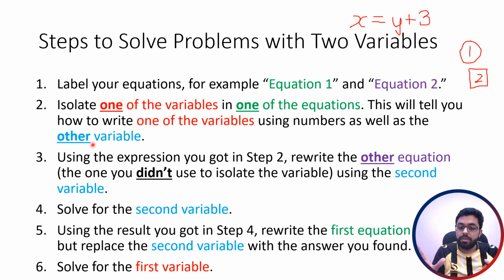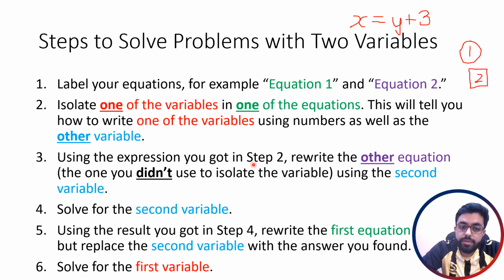You pick whichever variable you think is going to be easier to isolate, and do that. Sometimes it'll be x, sometimes it'll be y, sometimes it'll be equally easy or difficult for either one, and you just pick one, right?